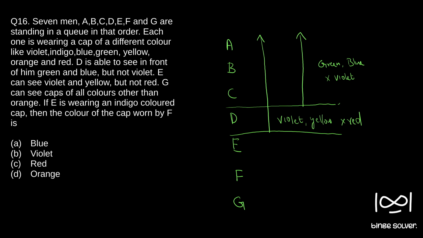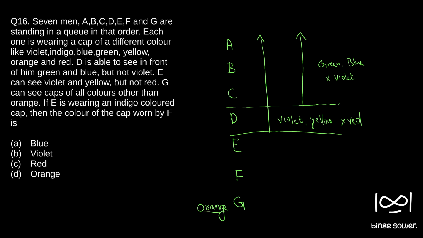Then G can see caps of all colors other than orange. Since G is the last person, G can see the cap colors of all the persons except the color of the hat he is wearing. So G can see all colors other than orange, which definitely means the color of the cap of G is orange. We write the colors we find out on the left side. So the color of cap of G is orange.